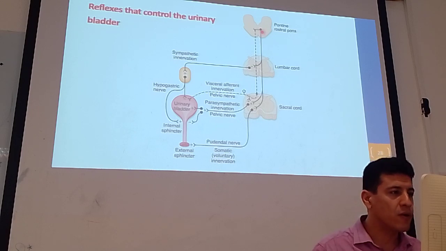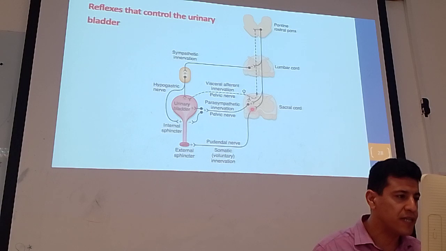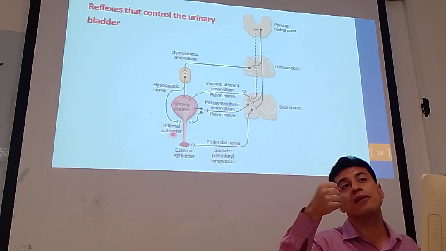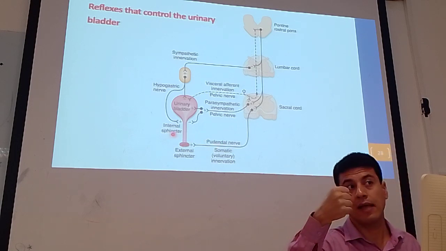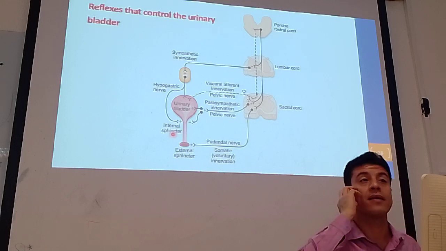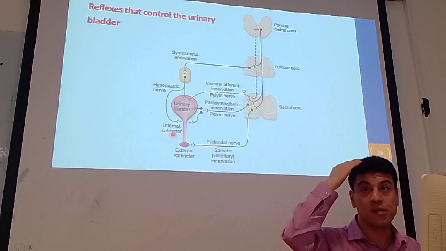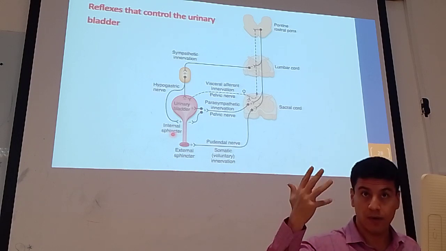There are also other pathways that go to the pudendal nerve, which is a somatic nerve. So it can voluntarily inhibit the external sphincter. The external sphincter is skeletal muscle, so it's under conscious control, right?